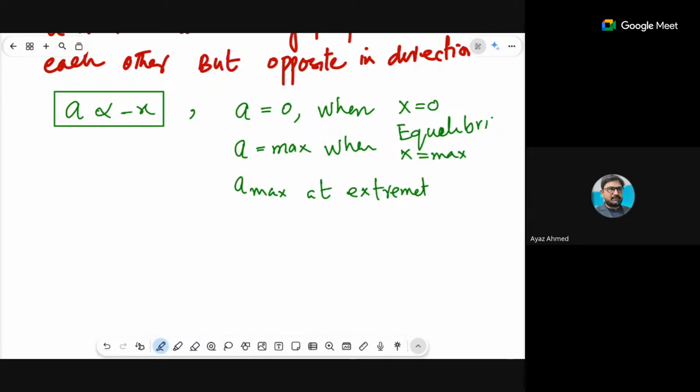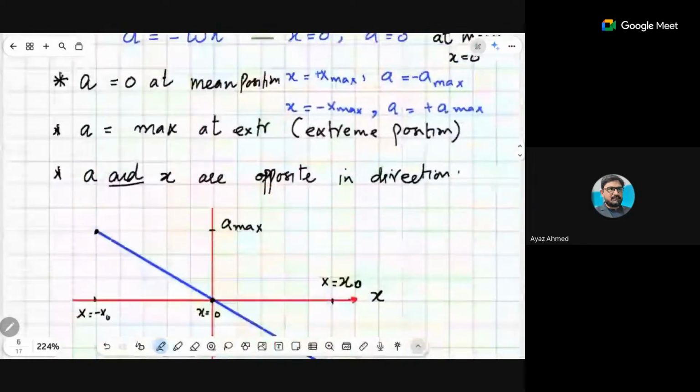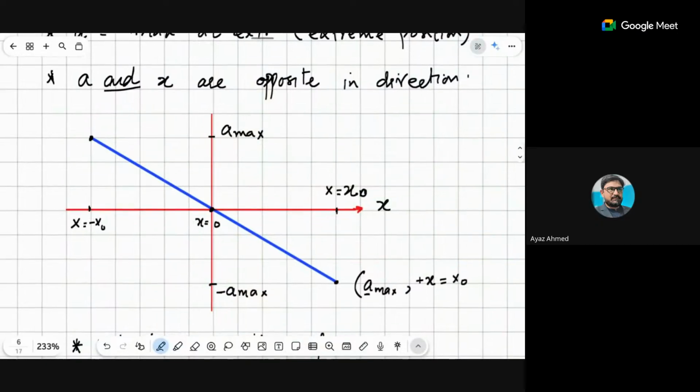Okay, so this is how acceleration and displacement are related, and this is the graph which represents that relation.